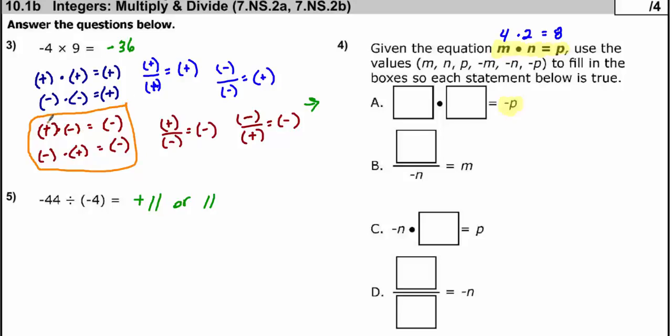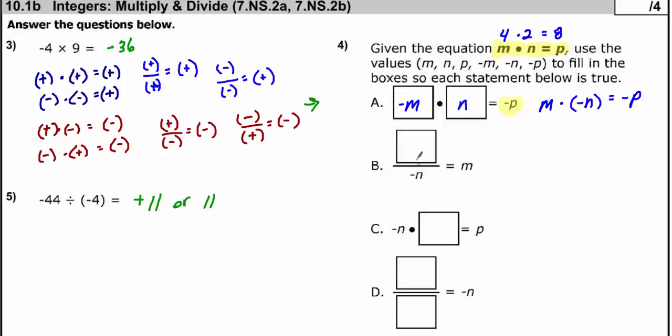It has to be either positive times negative or negative times positive, which means it is either the opposite of m, there's our negative, times n, there's our positive, or it is m times the opposite of n. That would also give us the opposite of p.